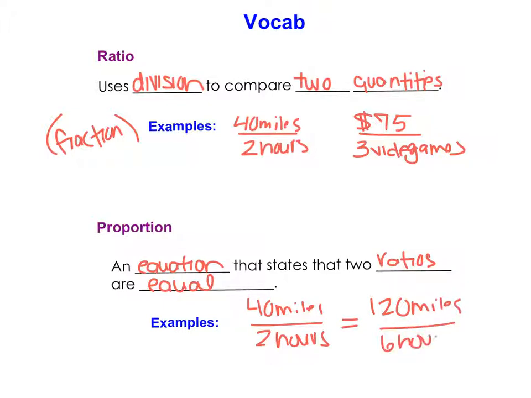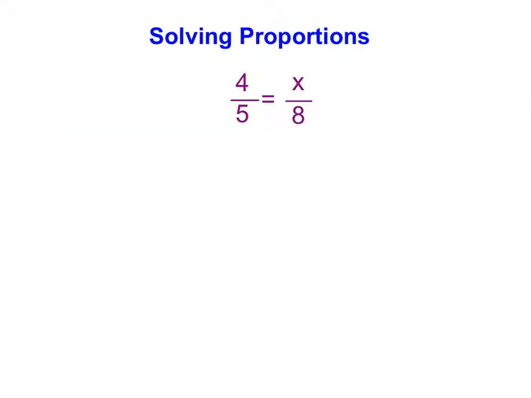So when we have a proportion, we're saying that two ratios are equal. If they were simplified, they would simplify down to the same value. A ratio uses division to compare two quantities, and a proportion says that two ratios are equal by putting an equal sign between them. So you'll see a fraction is equal to a fraction.